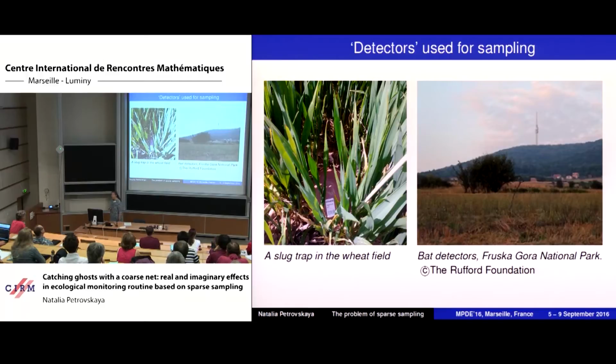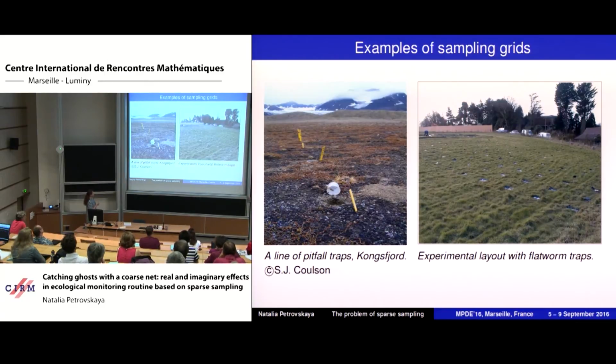This is an acoustic device used for bat detection. I'm going to talk mainly about traps, but I just want to demonstrate that we may deal with something much more sophisticated than this particular plate, or like in my next picture, we may use a plastic cup and still it will be considered a trap.